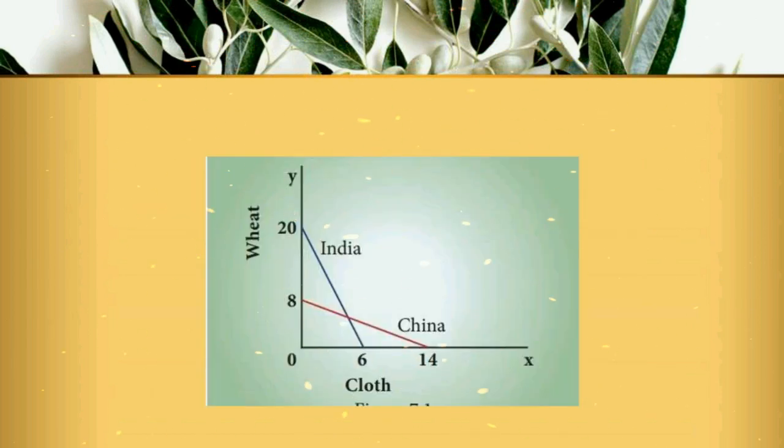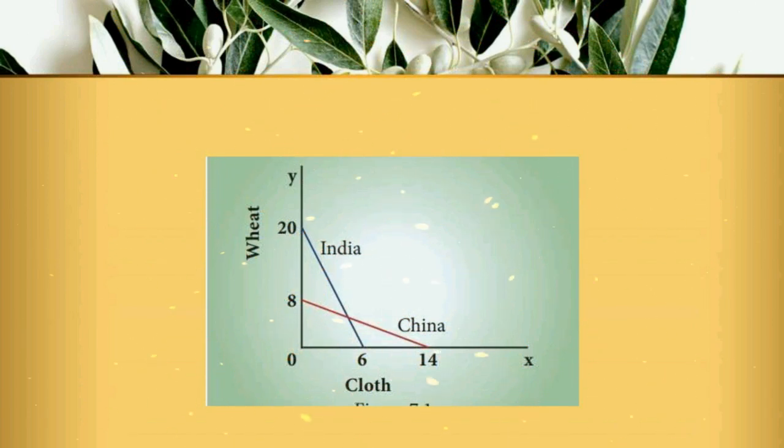Now this diagram will help us to understand more. On the OX axis we have the production of cloth and on the OY axis we have the production of wheat. On the OY axis, India is able to produce 20 units of output per unit of labor of wheat and only 6 units per unit of labor of cloth, whereas China is able to produce 8 units of wheat per unit of labor and 14 units of cloth per unit of labor.